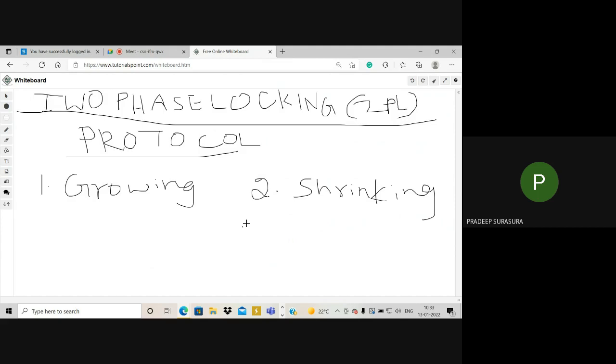I repeat again, any process which has acquired a lock during the growing phase must release it at the shrinking phase. When I say acquiring the lock, it may be multiple processes applying a read lock, or a single process applying a write lock, and it must be released during the shrinking phase. This is called your two-phase locking protocol.